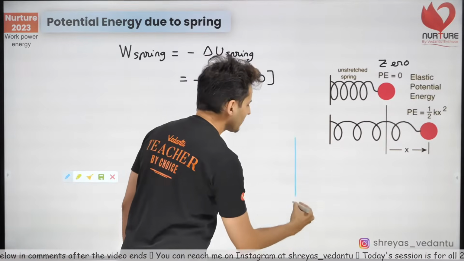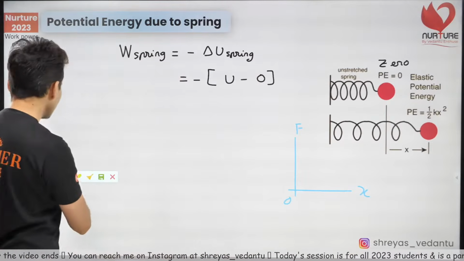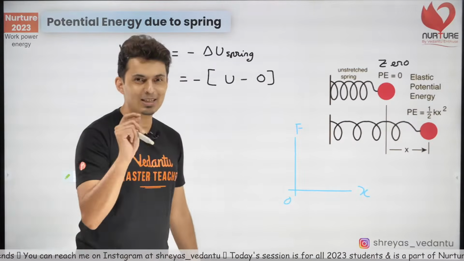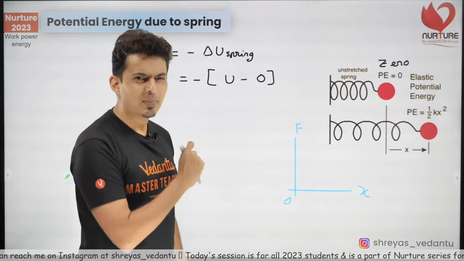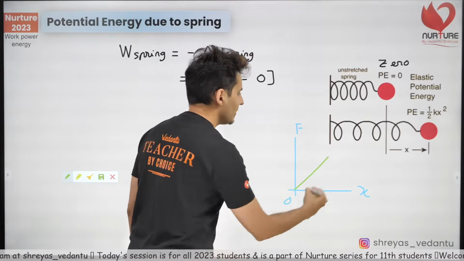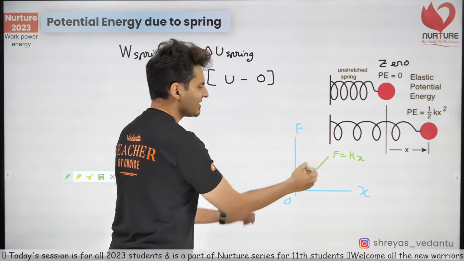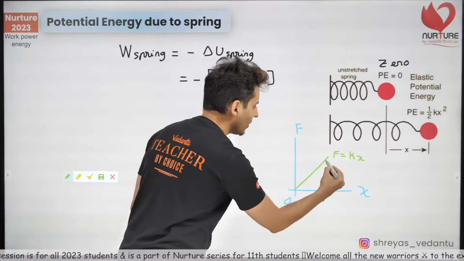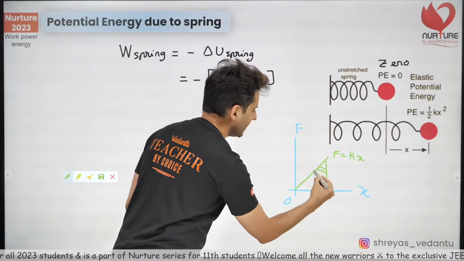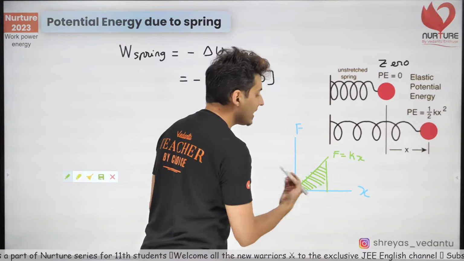I'll tell you how. If I draw a force versus displacement graph for a spring, how will it look? It will look like this, because F is equal to Kx magnitude wise. So if I consider the area, what will that area give me?